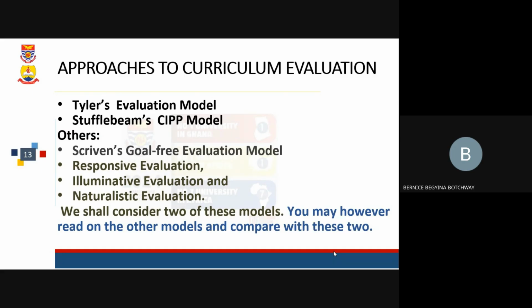So this is where our discussion begins. Last night I sent the slides to the course rep for you to read and then make notes on the approaches to curriculum evaluation.